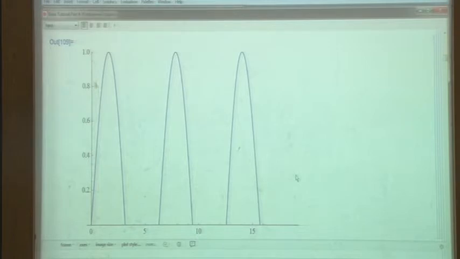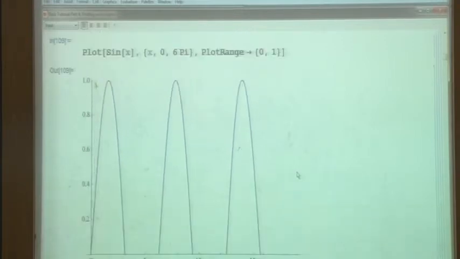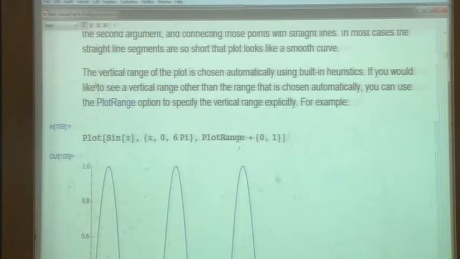But if you want to fix just part of the range, then you can put PlotRange, then from 0 to 1. This is from 0 to 1, right? Can you guys create it from 0 to -1? -1 by 1. The plot range will be what?